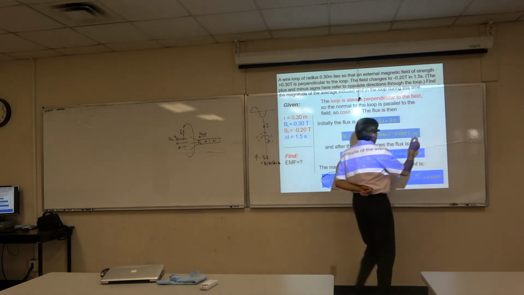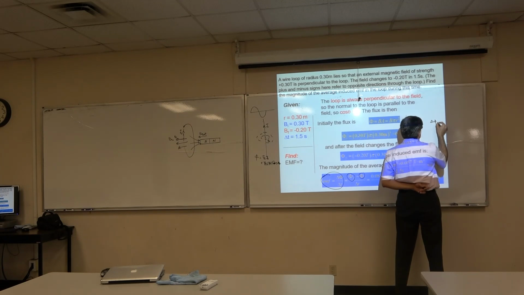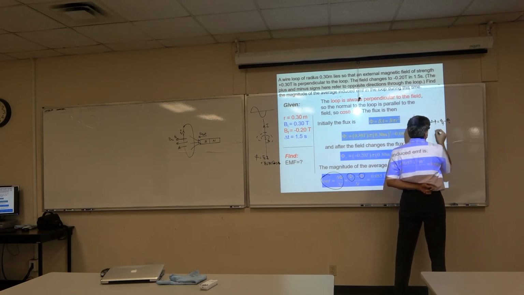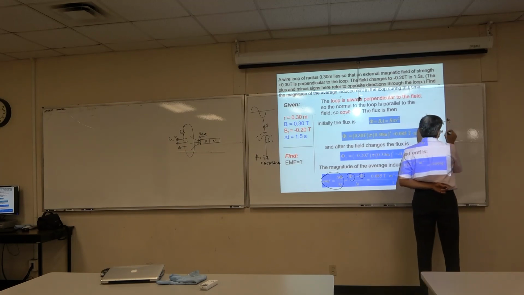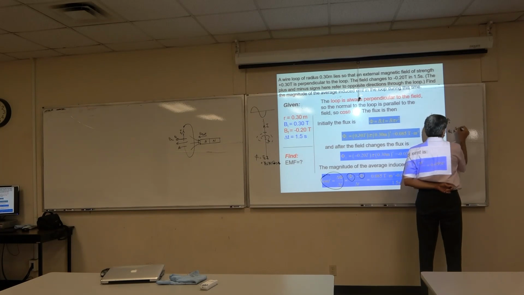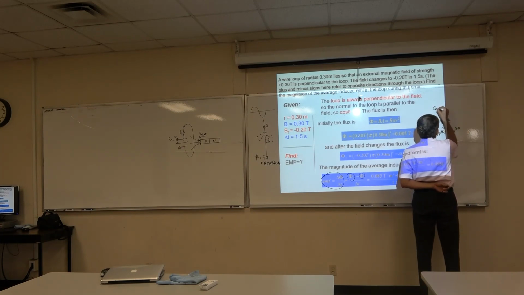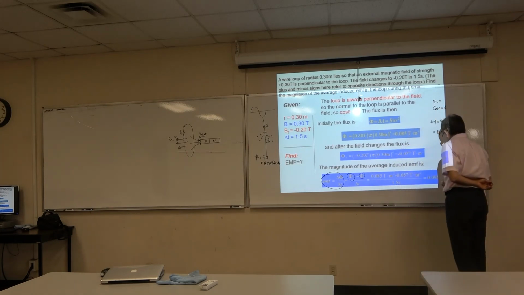So the change in flux is equal to phi final minus phi initial, which is B final times area minus B initial times area, and of course the cosine of theta, since they are perpendicular. This cosine theta is cosine of 0, which is equal to 1, so that will be gone.